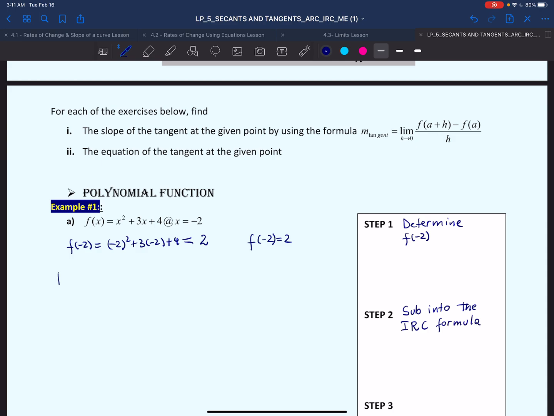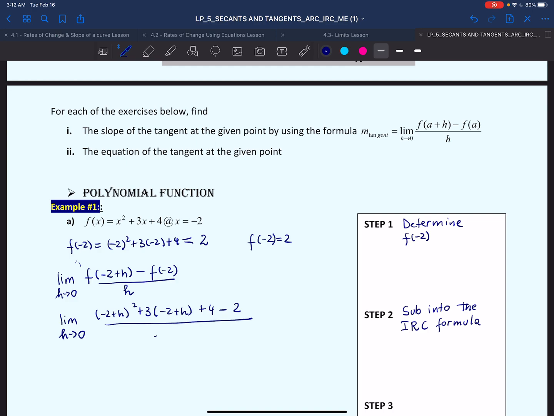So what we have now is the limit as h approaches 0 of f of negative 2 plus h minus f at negative 2 over h. So that would be the limit as h approaches 0 of negative 2 plus h squared plus 3 times negative 2 plus h plus 4 minus 2 over h.